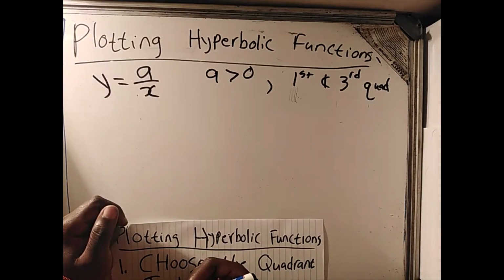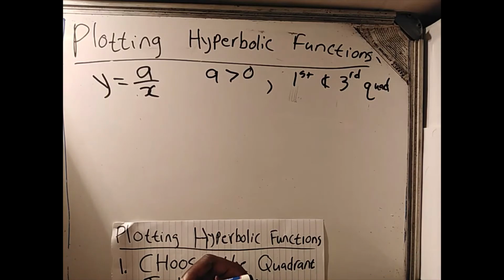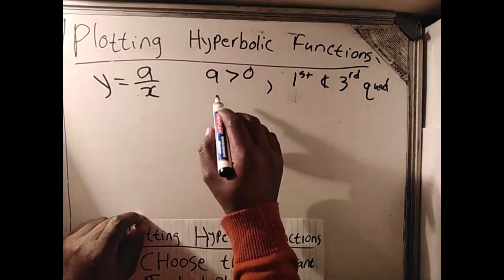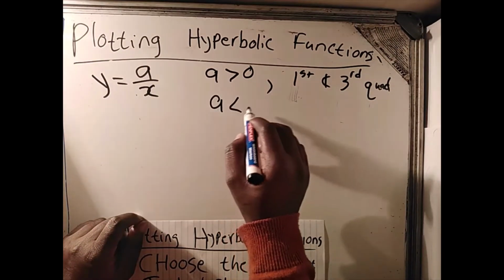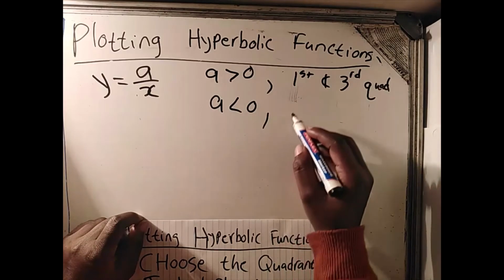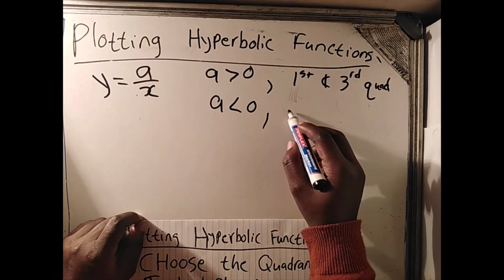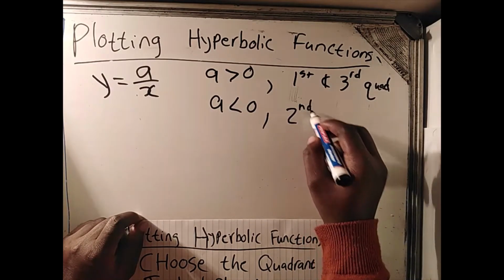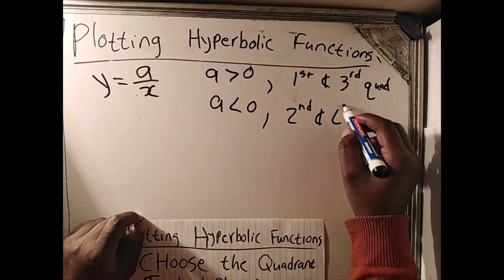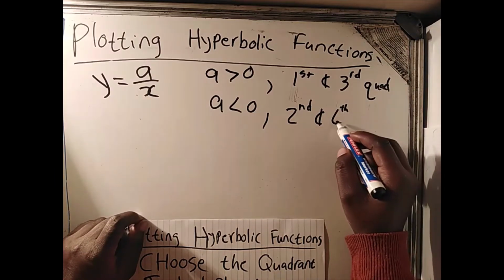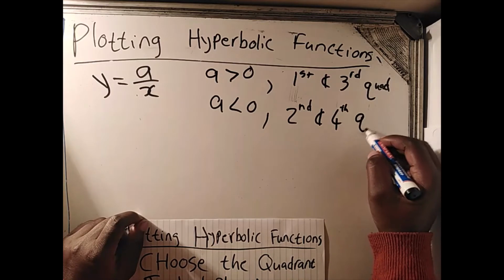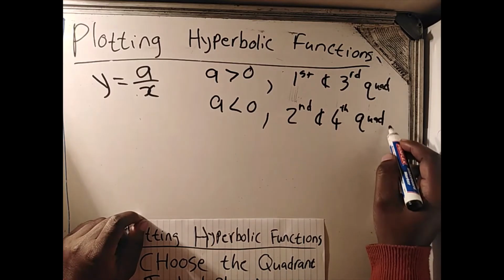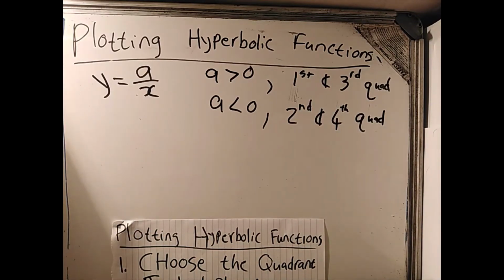So if your a is greater than 0, which is positive, then your graph is going to be in the first and the third quadrant. And then if your a is less than 0, which means negative, therefore your graph will be on the second and fourth quadrant. That is how you choose the quadrant.